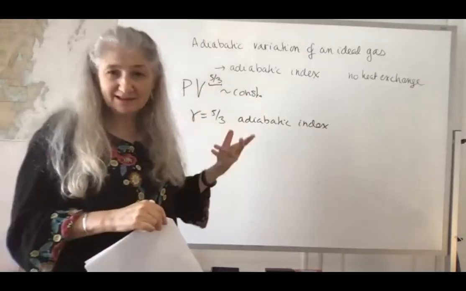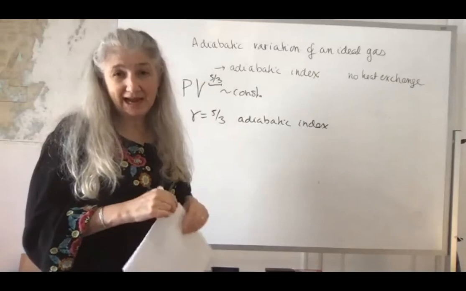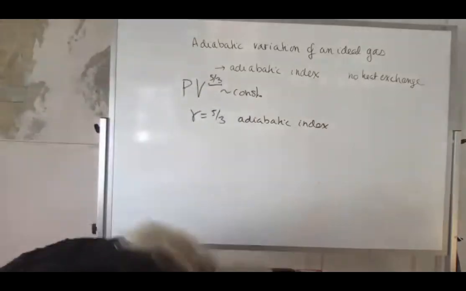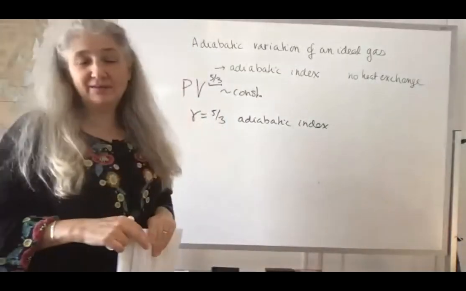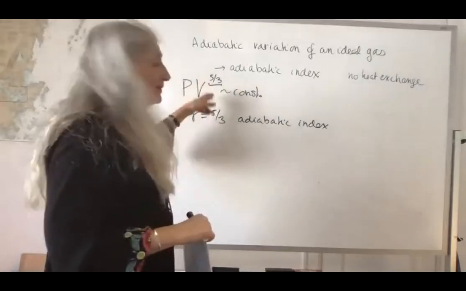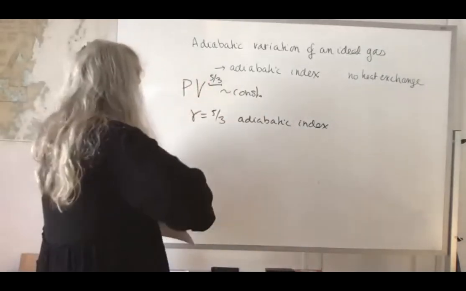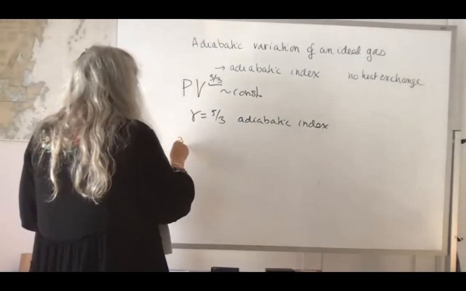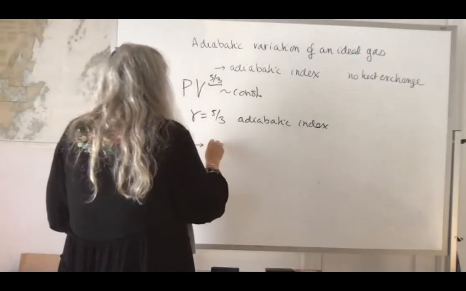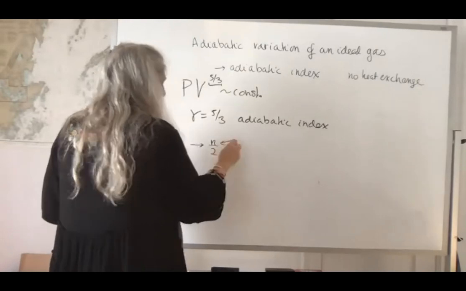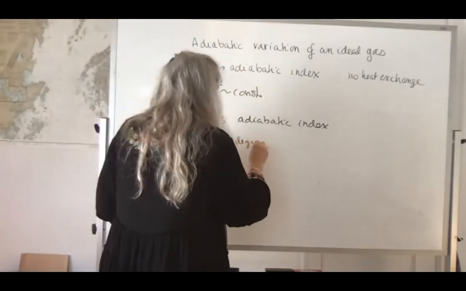And remember, we started with energy is 3/2 kT. So if we'd had more degrees of freedom, we would have gotten another adiabatic index. And so we had 3/2, and now we want to make this go to N over 2, where N is degrees of freedom.